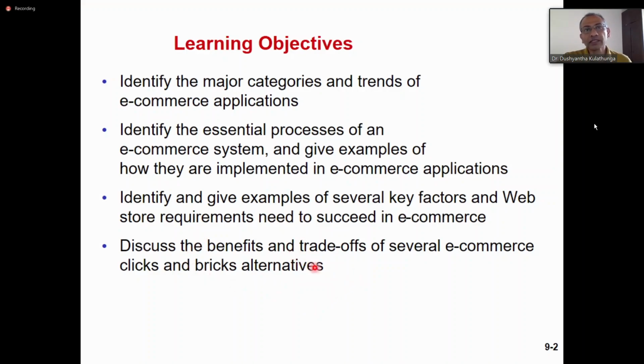So we are going to look at those options and see the benefits and the trade-offs, or the costs, associated with each option available for them. So those are the areas that are going to be addressed, and those are the areas that you are going to learn in this particular chapter.